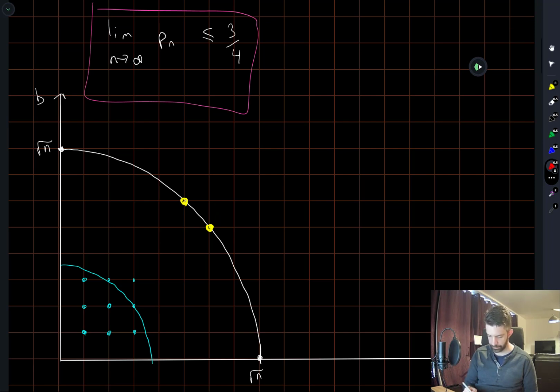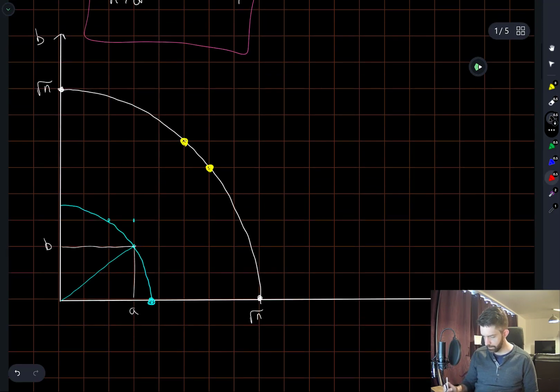And I suppose this number is the radius of the circle. So we have A, we have B. I'll call the radius for now R. We have R squared is equal to A squared plus B squared.